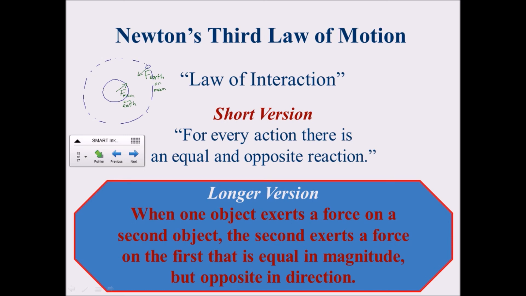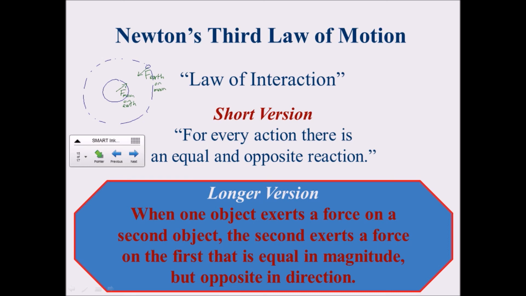If this was a baseball that was being dropped and it's falling towards the Earth, we know that it falls towards the Earth because the Earth pulls down on it. But what you don't often realize is that as the ball is falling down, it's actually pulling up on the Earth. The reason you don't notice that is because the mass of the Earth is extremely large compared to the mass of the ball.